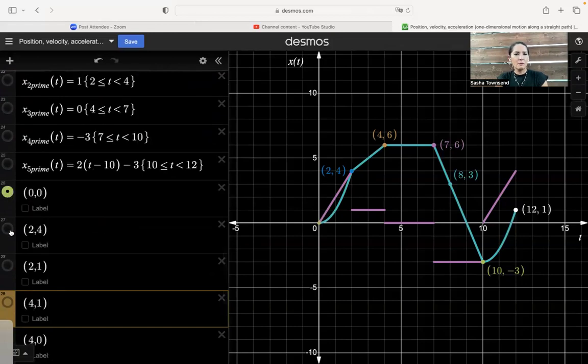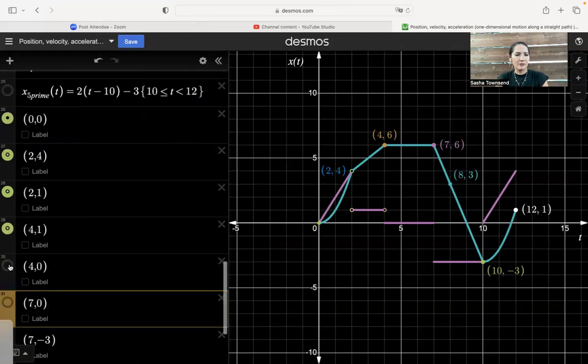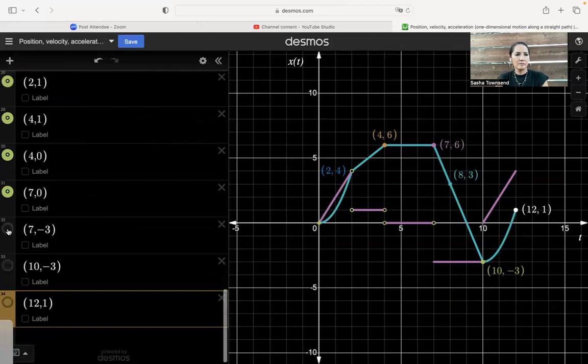And then I want open circles at different locations. Actually, I think I made them green when I first created this. Because the derivative is not well defined at any of those points where we have a sharp corner, where the slope from the left and the slope from the right are not the same.